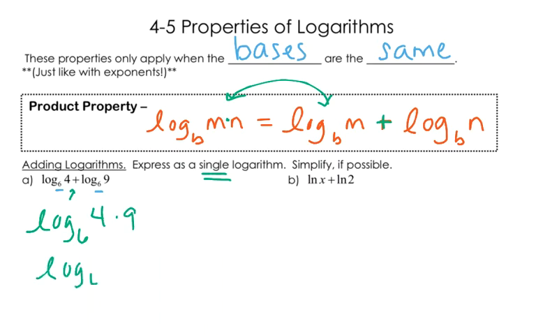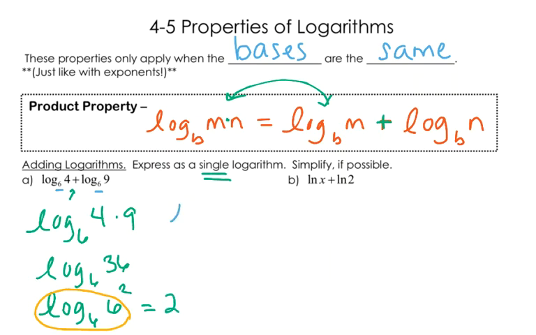Multiply that to get log base 6 of 36, and then using what we did previously, see if we can simplify this. A couple different things you could do. One, you could change the 36 into 6 squared, so then all of this just cancels out and it equals 2.